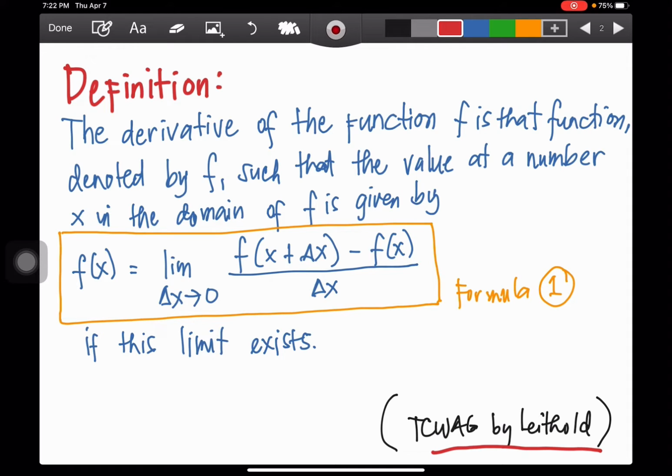The derivative of the function f is that function denoted by f prime such that the value at a number x in the domain of f is given by f prime of x equals the limit of f of x plus delta x minus f of x, all over delta x, as delta x approaches 0, if this limit exists. So this is going to be called formula number 1.